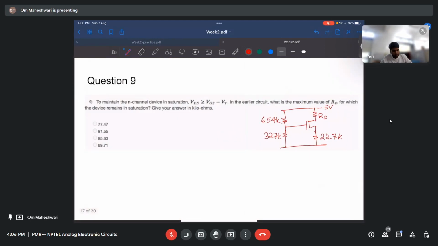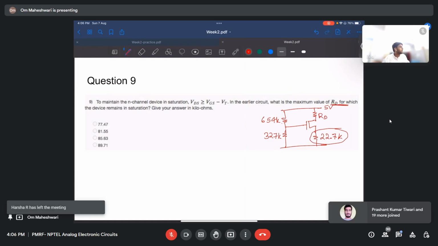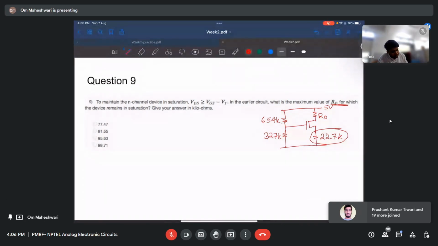So the next question, I won't solve it, but it is very similar to what we had done in one of the previous parts. We just have RS here extra. We just have to find the maximum RD for which the device remains in saturation. It is very easy.